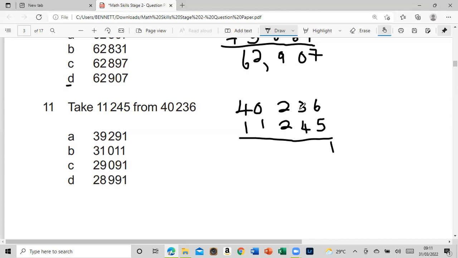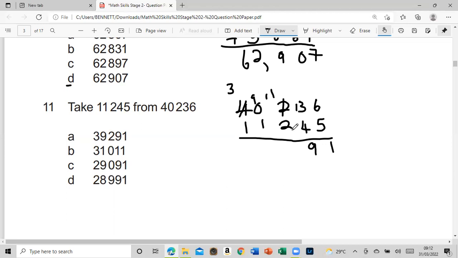4 from 3, you can't. So listen, alright, we have to borrow. 4 from 13, that's 9. Alright, so 2 from 0, you can't. 0 and none to lend you. So you borrow, right? 9. Yeah.